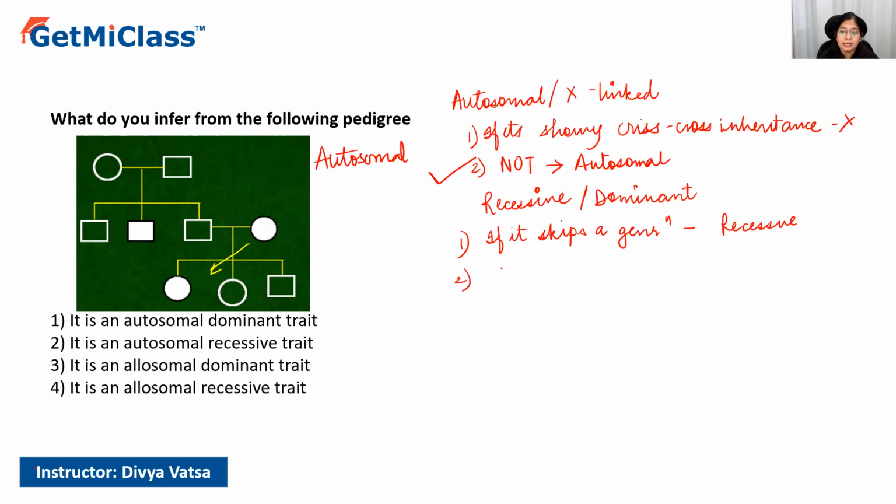But if it is not skipping a generation, then it is going to be dominant. In this case, you can see that the children have it here, and here also, but not all the children have it. So one generation got skipped. That means it is a recessive disease. So we have come down to the pedigree being autosomal recessive.